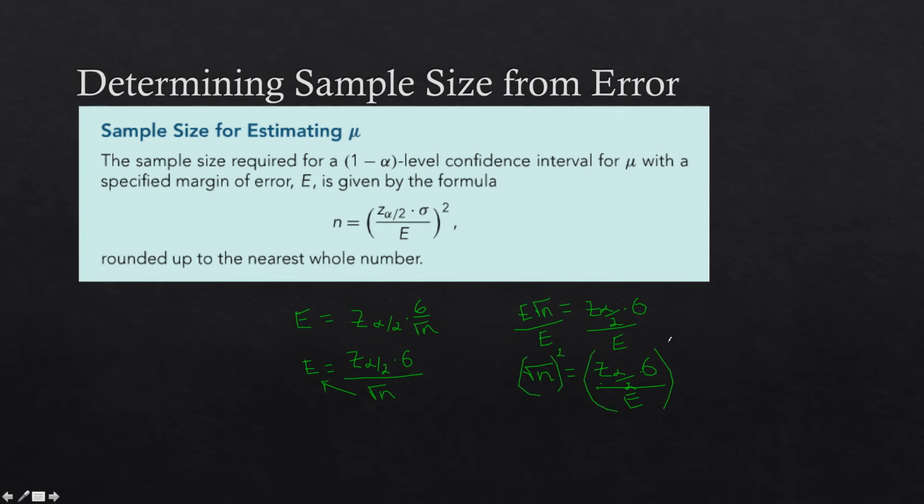So see, that is this formula right here. So if we know our standard deviation, and if we can find, by using the confidence level, our z sub alpha divided by 2, and if we know the error, we can very easily figure out what our sample size needs to be for a certain specified margin of error.